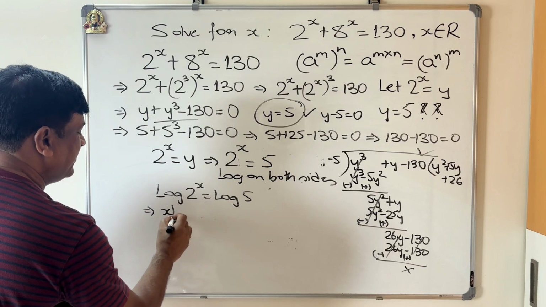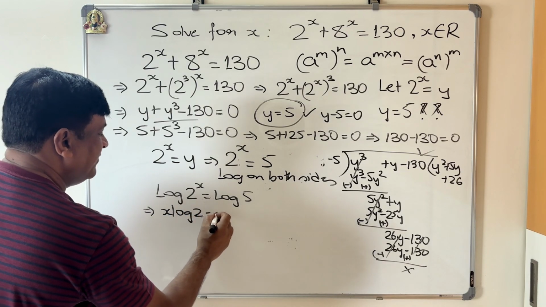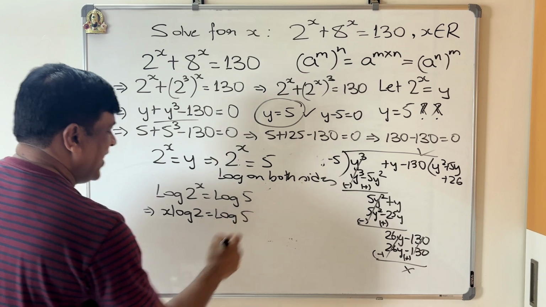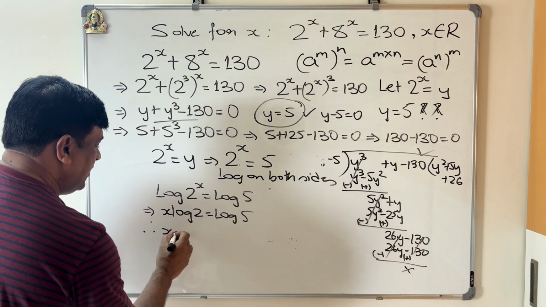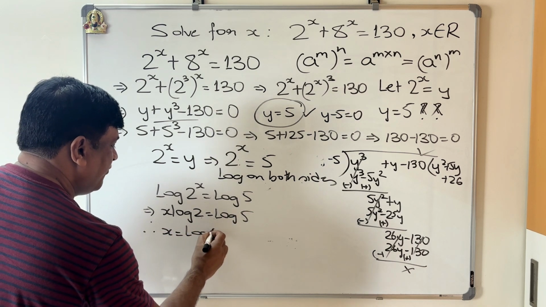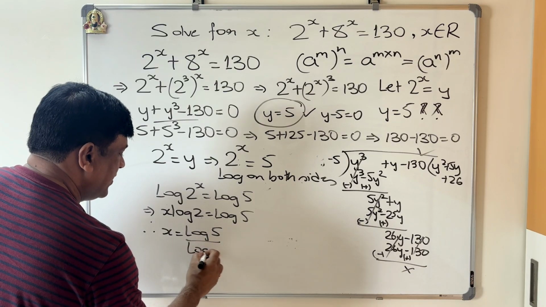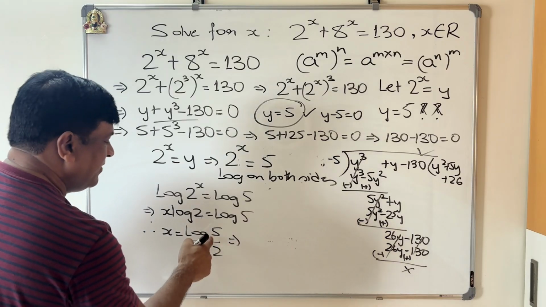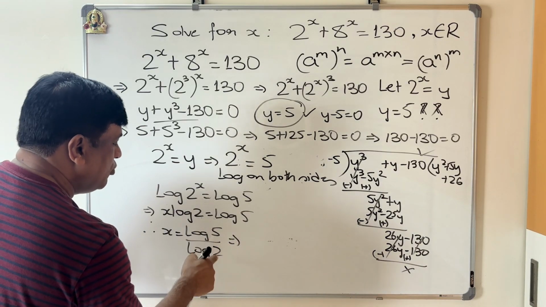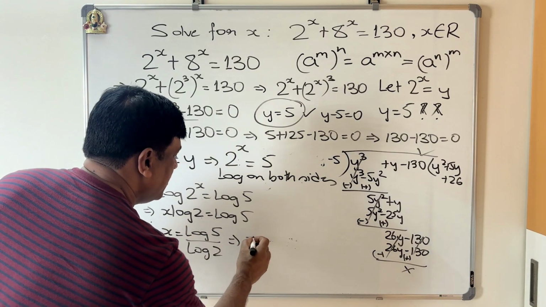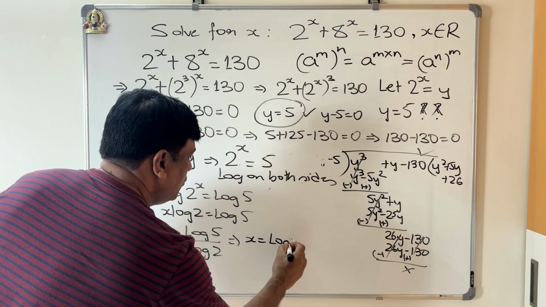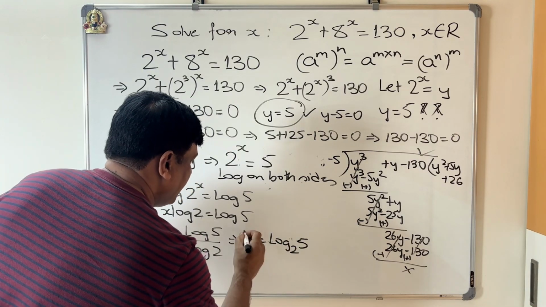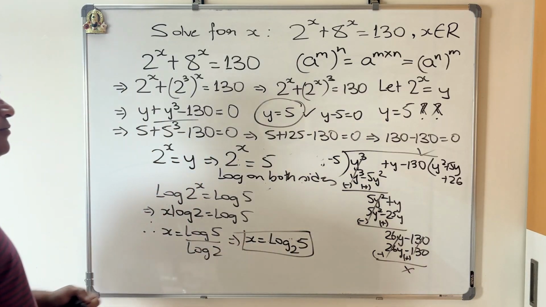So this becomes x log 2 is equal to log 5. Therefore, x will be equal to log 5 by log 2. That can be one of the answers, or you can write it like this. Since the bases are the same, you can convert this 2 into the base. So x will be equal to log base 2 of 5. This is your solution for this particular problem.